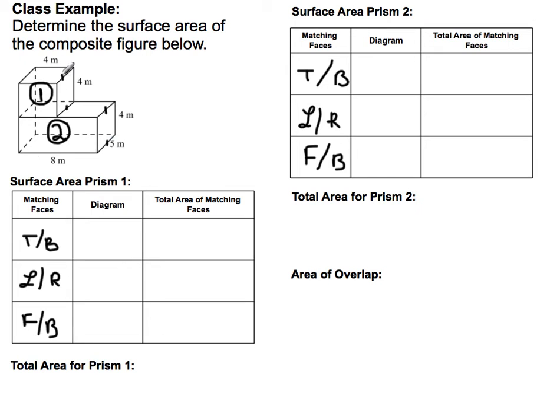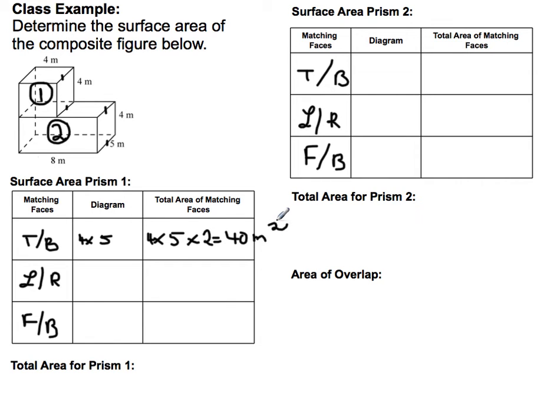So this top here is actually going to be a 4 by 5 meter rectangle. So if I want to find the area of the top and the bottom, I'm going to go 4 times 5. And since I have a top and a bottom, I'm going to times it by 2, and I'm going to get 40 meters squared.